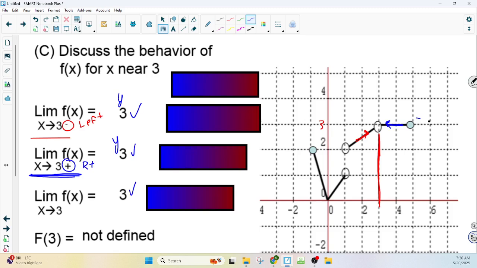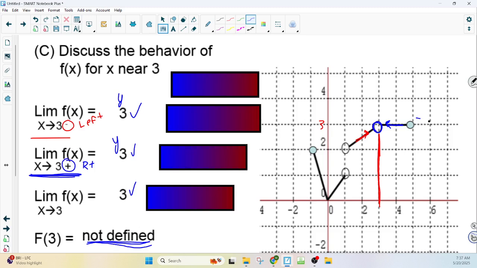And actually f of 3 is not defined, so there is no y equals 3. This hole is empty, but it doesn't mean we can't see the writing on the wall, like see where the road is going, even though the road doesn't get there. So that's the general concept of a limit.